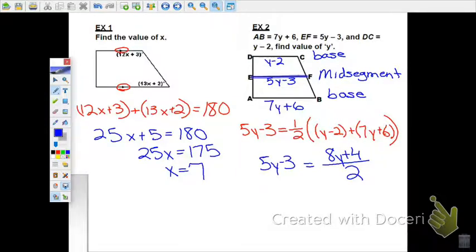So now on the left side, I can divide by 2. So I'm going to get 4y plus 2 equals 5y minus 3. I'm going to subtract 4y. I want to get rid of the minus 3, so I'm going to add 3 to find that y is equal to 5.